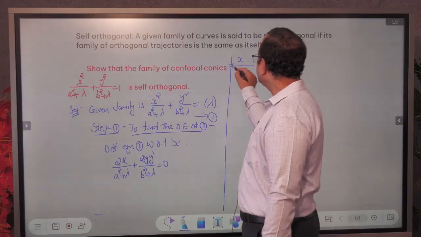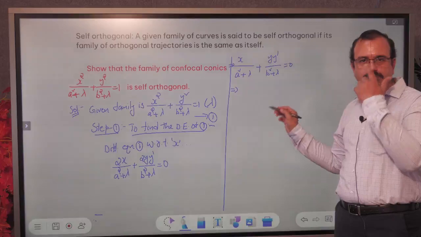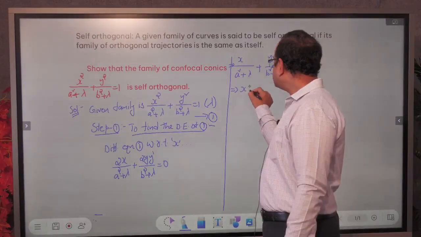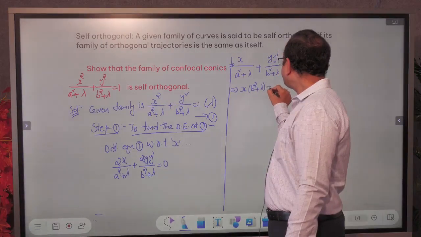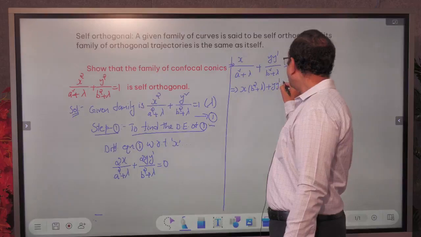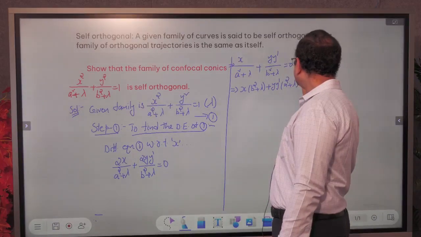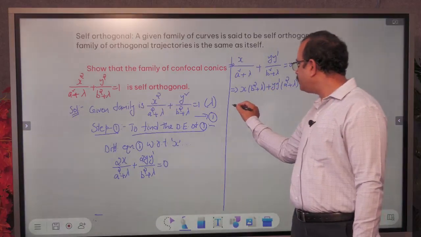That implies, taking the LCM, a square plus lambda into b square plus lambda, we get x into b square plus lambda plus y dash into a square plus lambda is equal to 0.